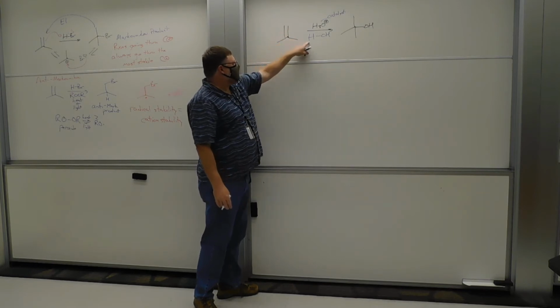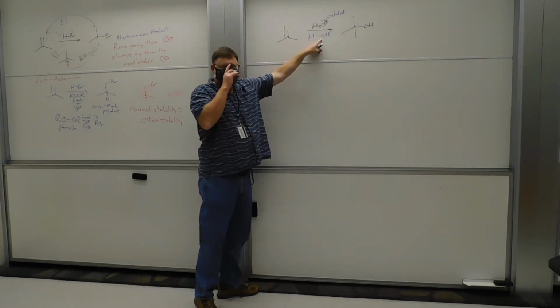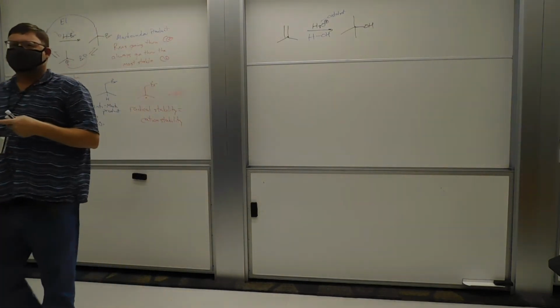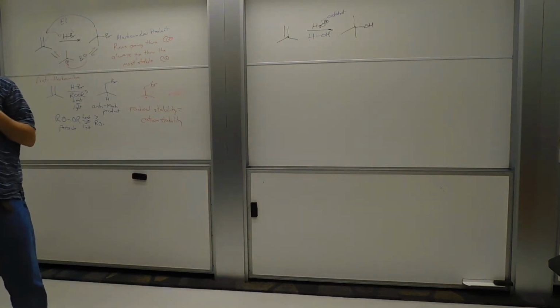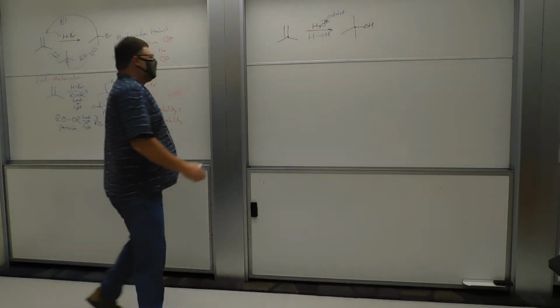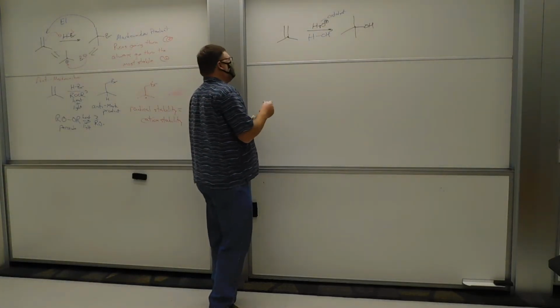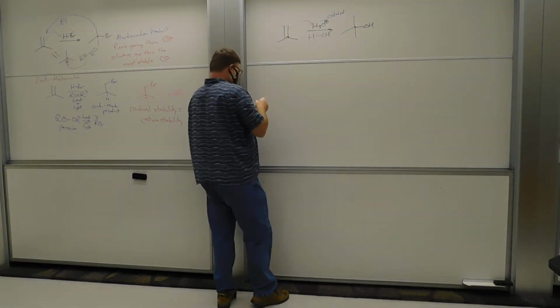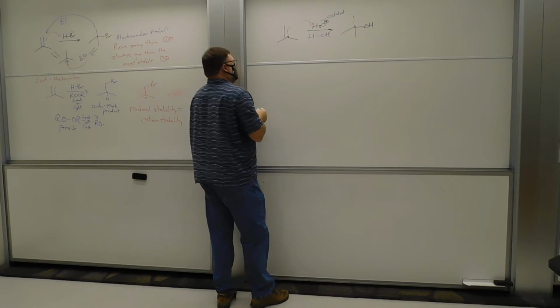The alkene could just grab an H, and you'd get hydroxide, right? So you'd be making a carbocation, which is a strong acid, and hydroxide, which is a strong base. And reactions are never going to make both a strong acid and base at the same time. So this reaction mirrors the acid catalyzed dehydration.